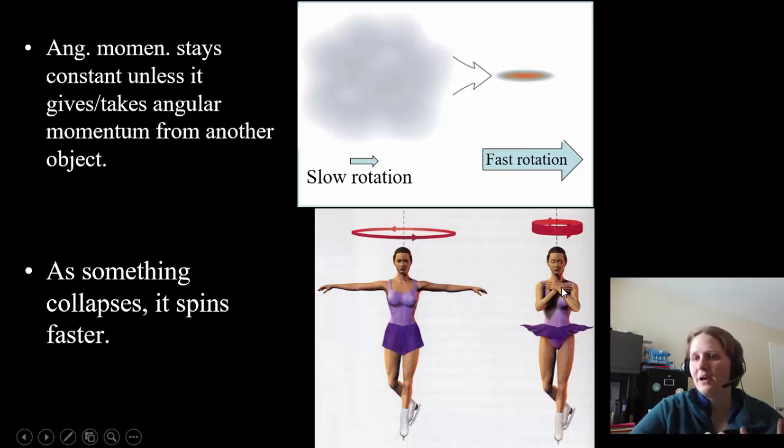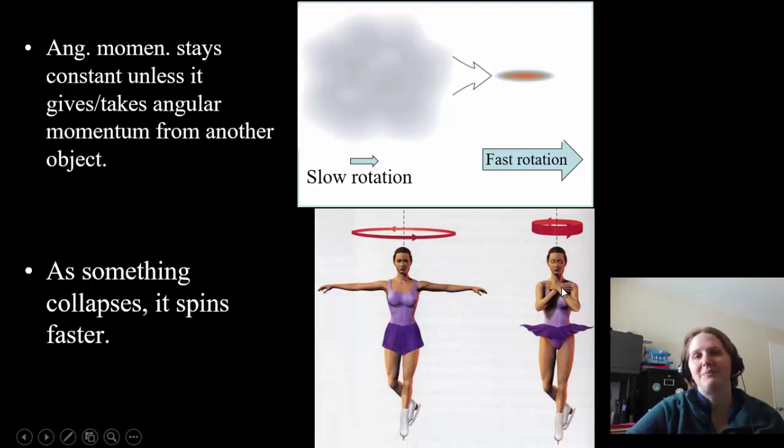And since you have to keep your angular momentum constant, your speed compensates. You speed up. If you were to bring your arms back out, you would slow back down. It's really weird, but you should try it.